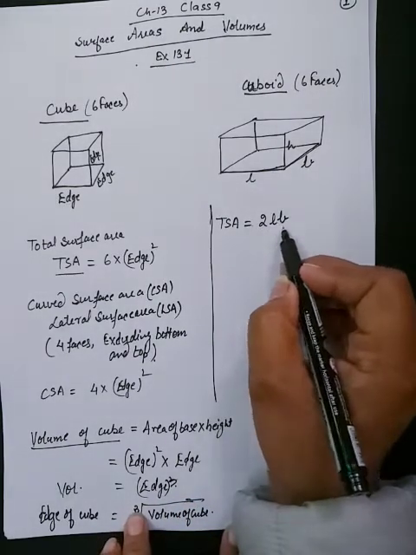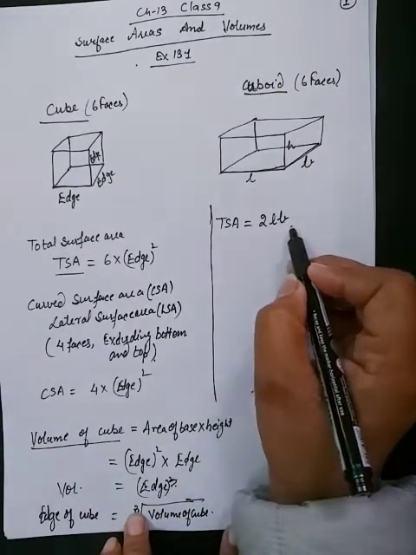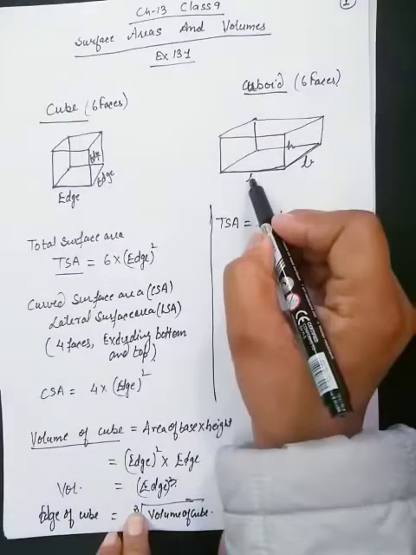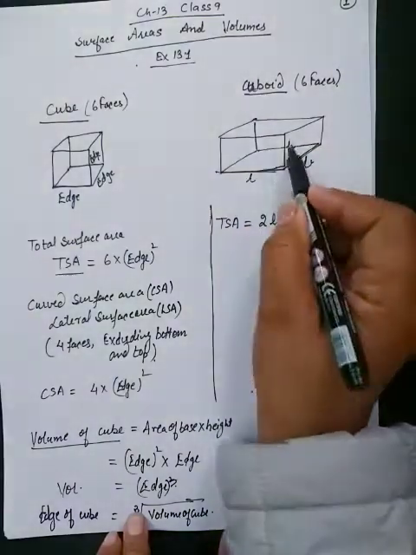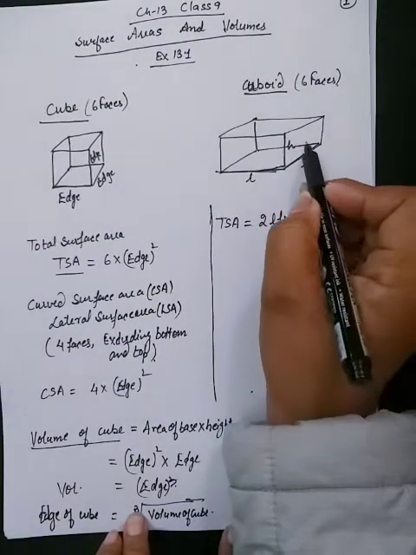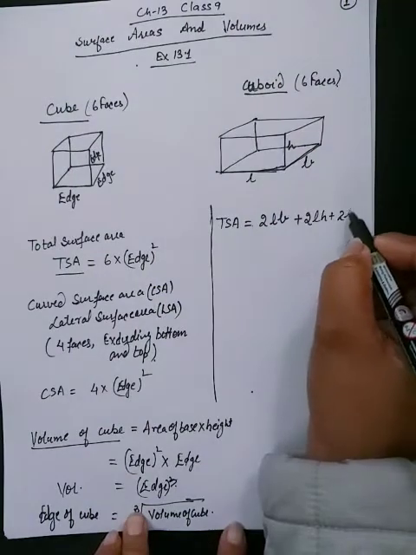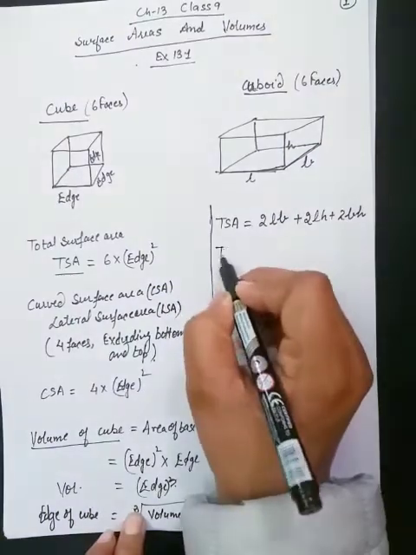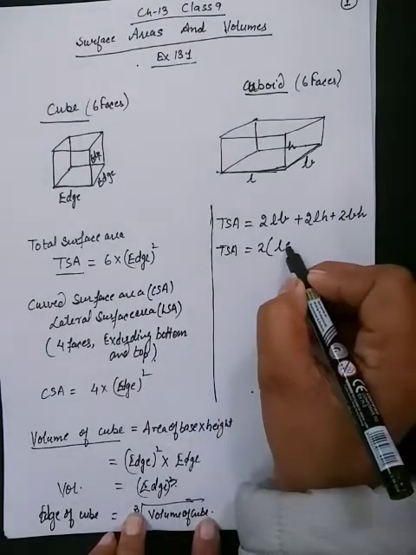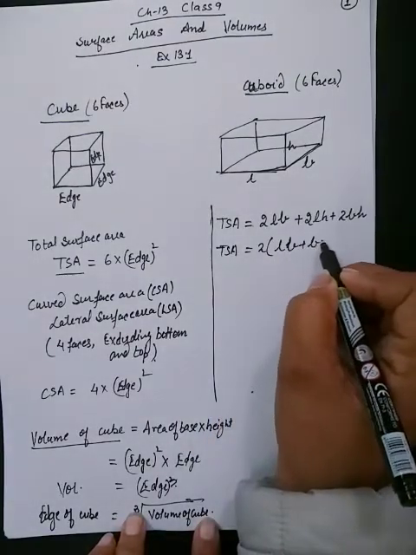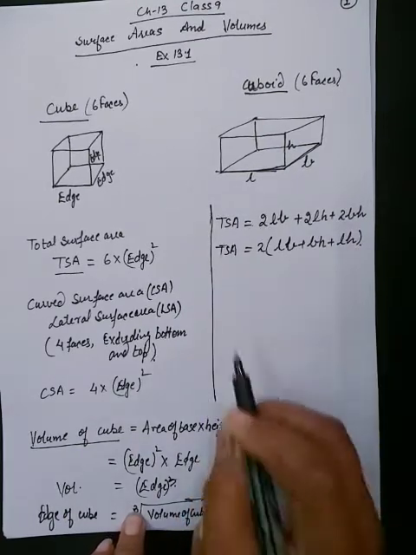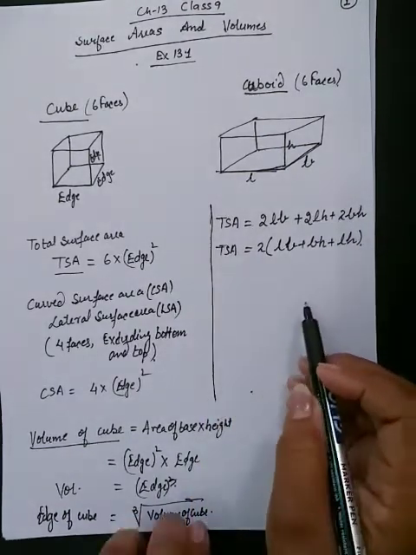So the area of both faces will be 2 into L into B, plus the area of the side faces. This face is length and height, so 2 LH, and similarly for these two faces 2 BH. Now we can take 2 common, so the formula will be 2 into (LB plus BH plus LH). So this is the total surface area of a cuboid.